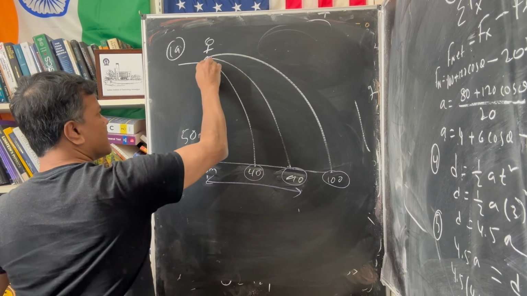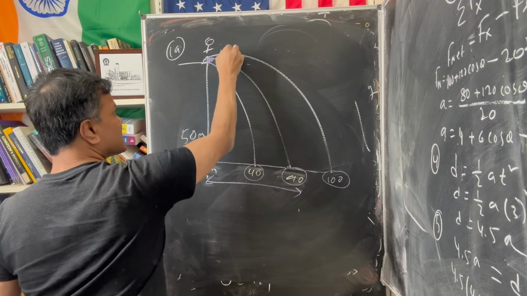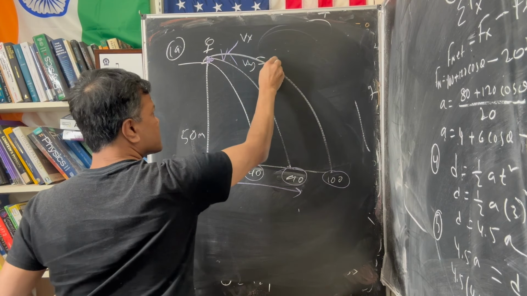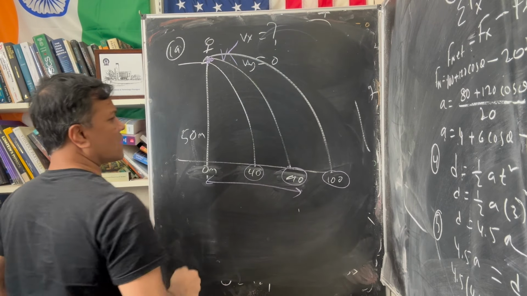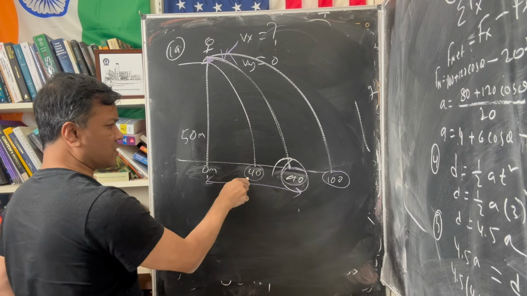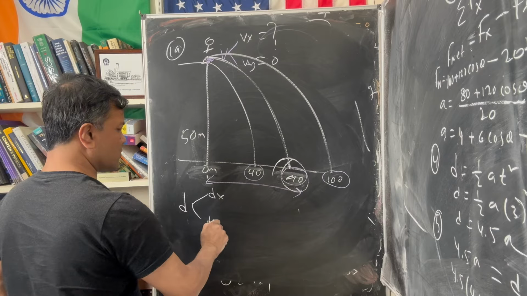You know that right here, when you are off the rooftop, the velocity has two components, Vx and Vy. Vy is 0. What Vx will allow you to land at exactly 90 but not 40 or 100? So d is equal to dx and dy.